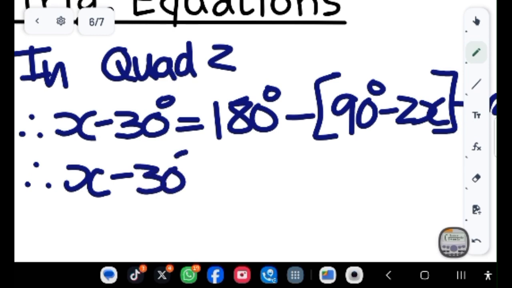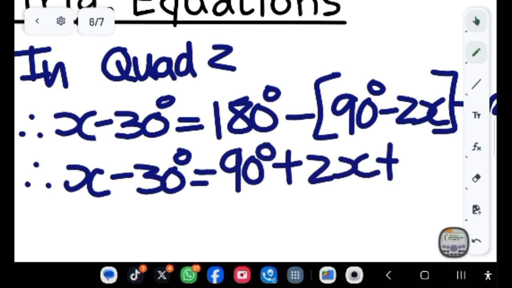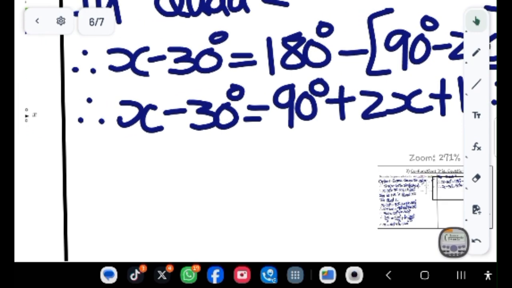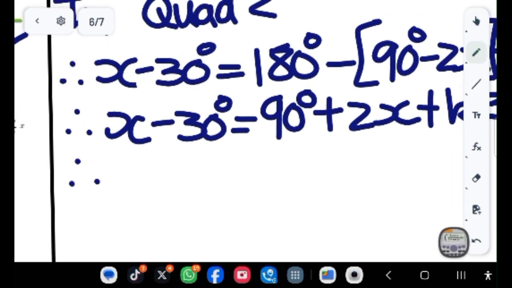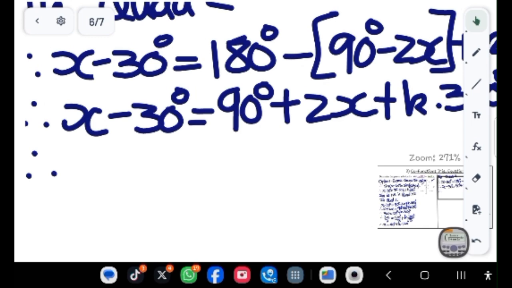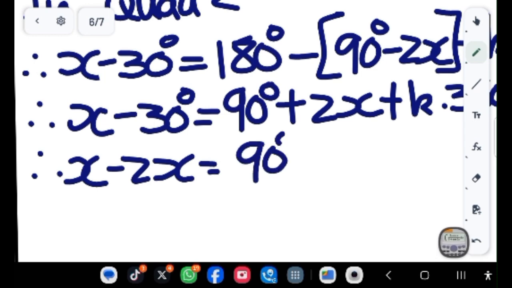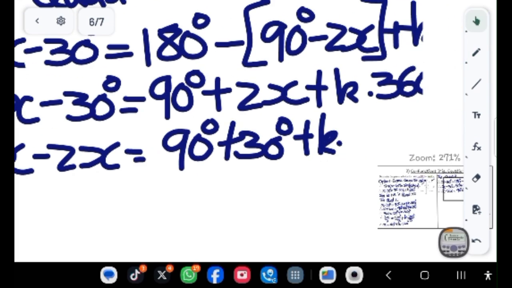So that would be minus 30 degrees. 180 minus 90 plus 2x, so that's 90 degrees, plus 2x plus k times 360. Now we take the 2x to the left hand side. x minus 2x equals 90 degrees plus 30 degrees plus k times 360 degrees.